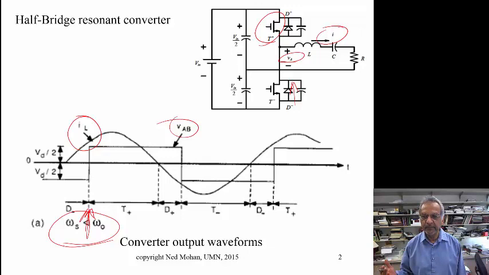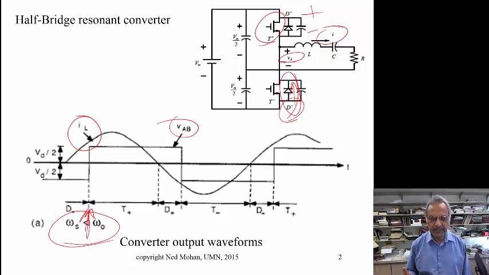The voltage across the transistor that we are turning on is equal to the input voltage, and as soon as we turn on this transistor, the current will shift from D minus to T plus, and so we also have to deal with the reverse recovery characteristic of this diode. So it's very much like hard switching, and that's a very serious disadvantage of operating below the resonance frequency.